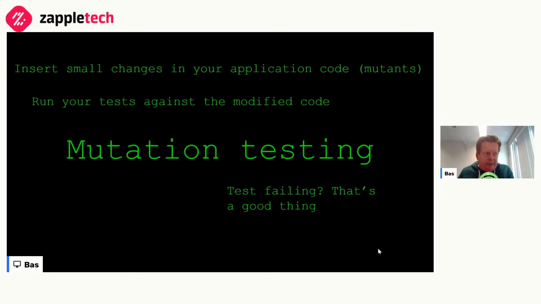They are change detectors. They are not bug finders. But if all tests are passing on a mutant, which means that none of your tests picked up that change, that's worth an investigation.